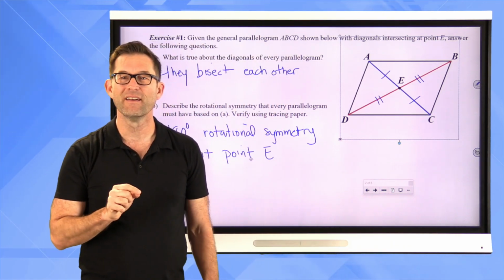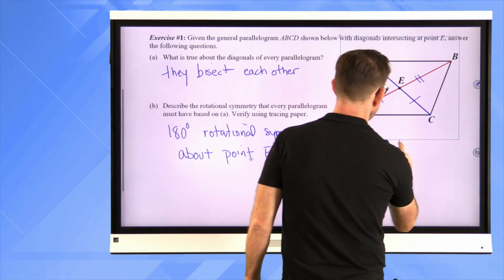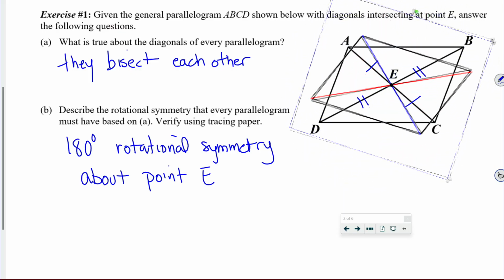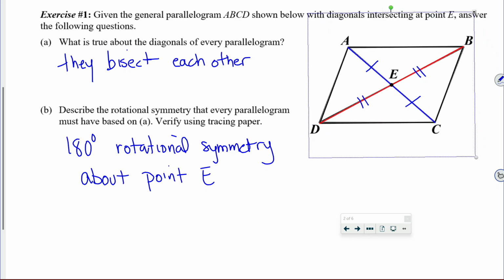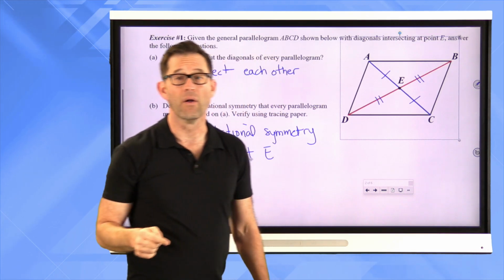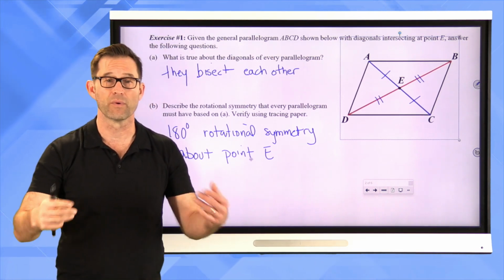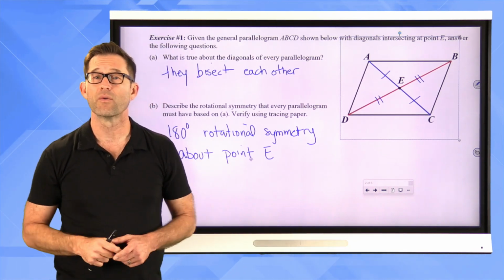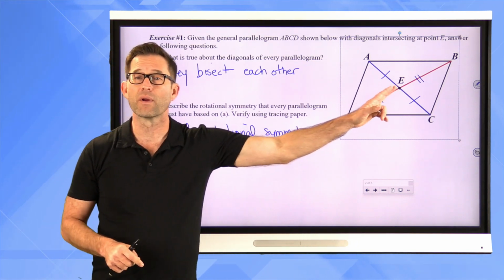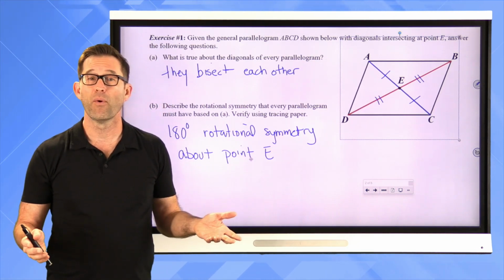Isn't that great? I can do it again, and it maps onto itself. There's no other angle except for 180 and of course any integer multiple of 180, so 360, etc. But it has a 180-degree rotational symmetry about point E.